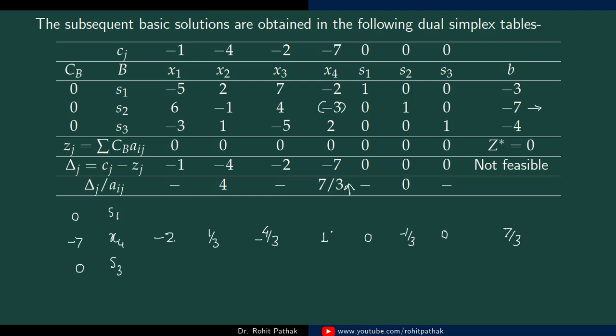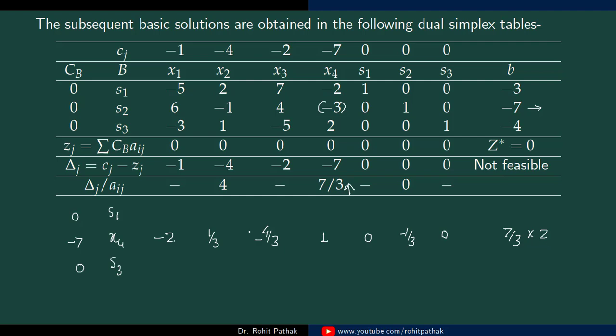Now using this one, we make all other entries 0 in this column. So if we look at this element, this is -2. So when we multiply this 1 by 2 and then add this to this -2, we get 0. So in general, we multiply this row throughout by 2 and then add this row to the previous row.